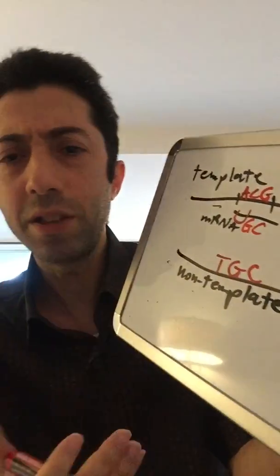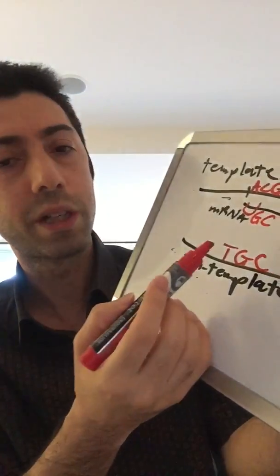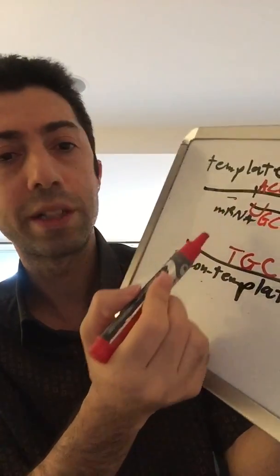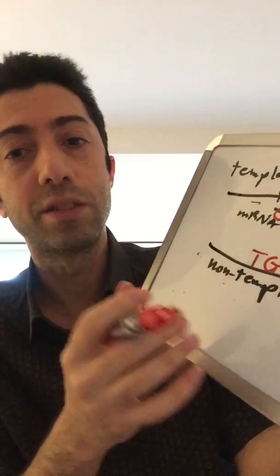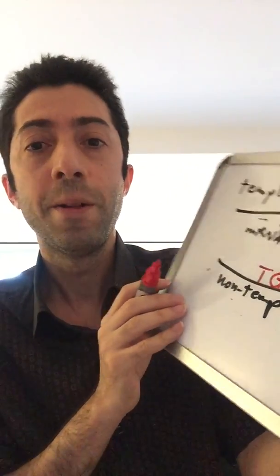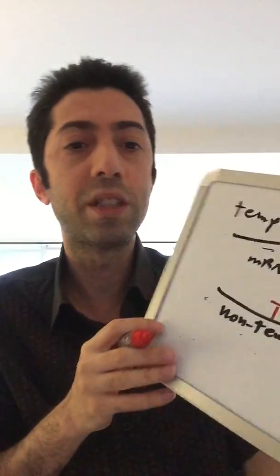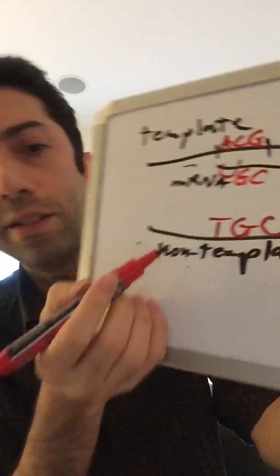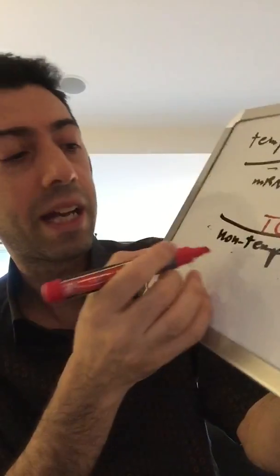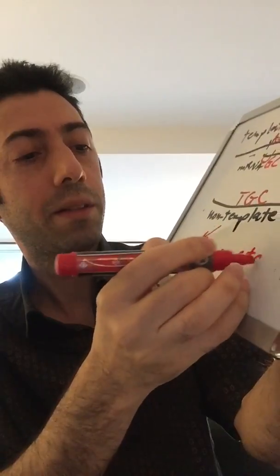If you notice, the mRNA's sequence resembles the non-template DNA sequence for that part. They're almost exactly the same, except wherever you see U in the mRNA, it is substituted with T in the non-template strand. Because they're the same, we call the non-template strand the coding strand.